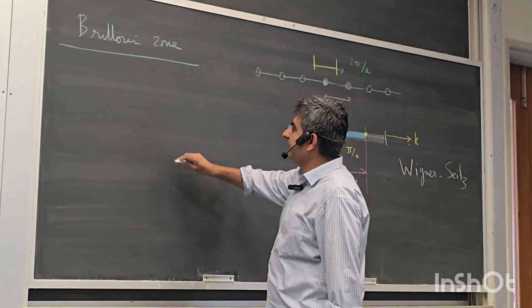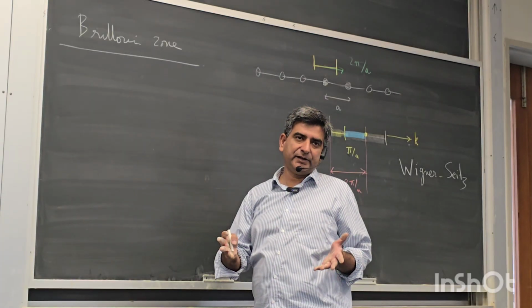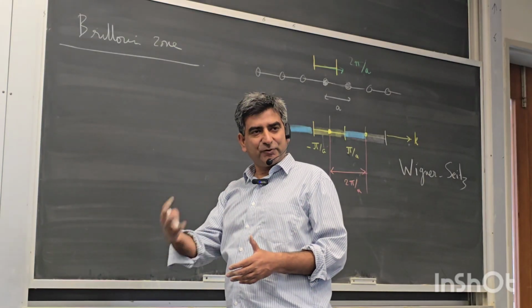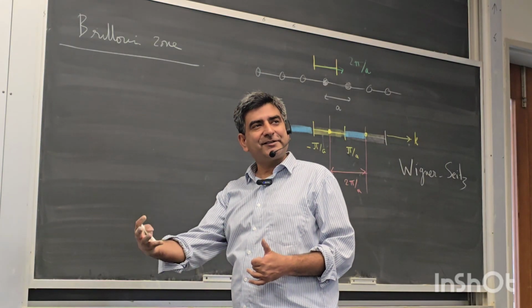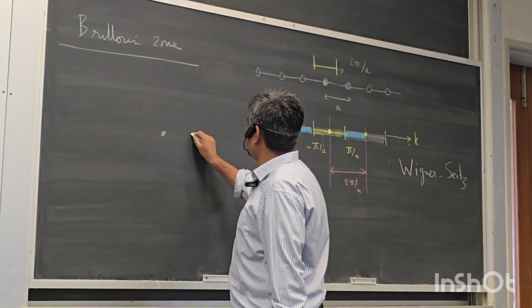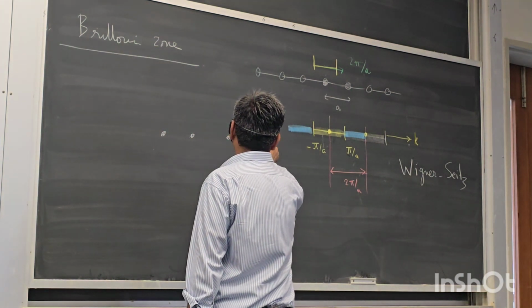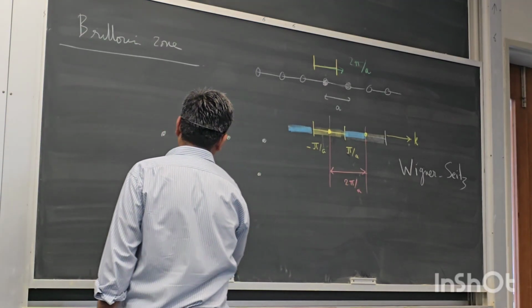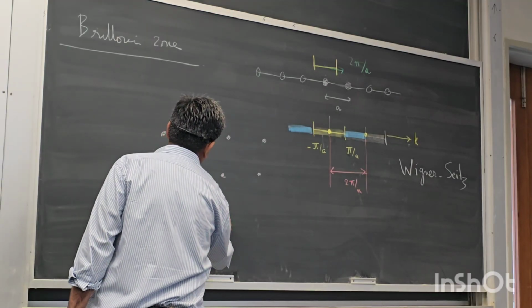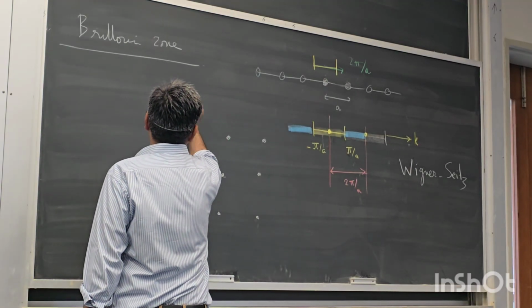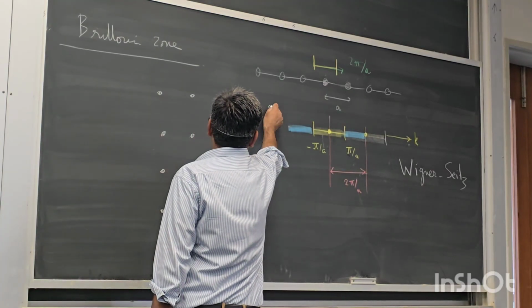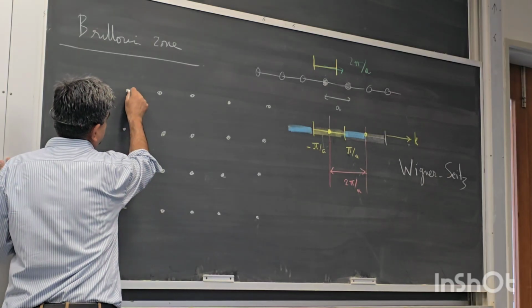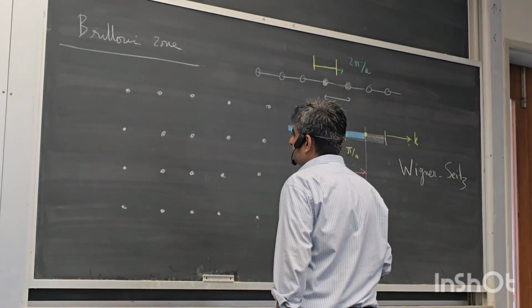Now it's really convenient to look at this in a 2D example. So if I draw a square two-dimensional reciprocal lattice, which is the Fourier transform of a two-dimensional direct square lattice. Square is easy. So suppose this is my origin.